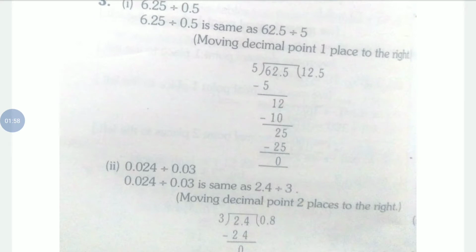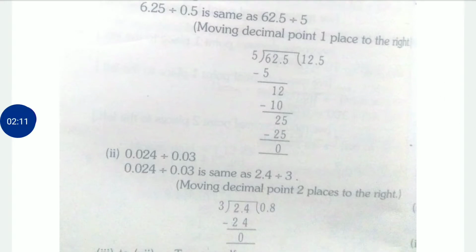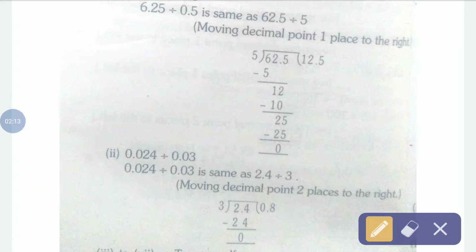So 62.5 divided by 5 is now a normal division, just like in the previous example. 5 ones are 5, 6 minus 5 is 1, and we get 2. Then you have 12, 5 twos are 10, 12 minus 10 is 2, then you take 5 down.